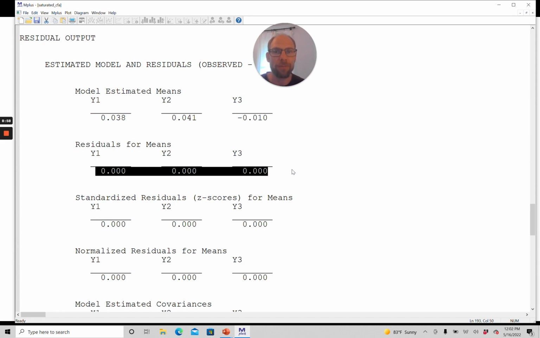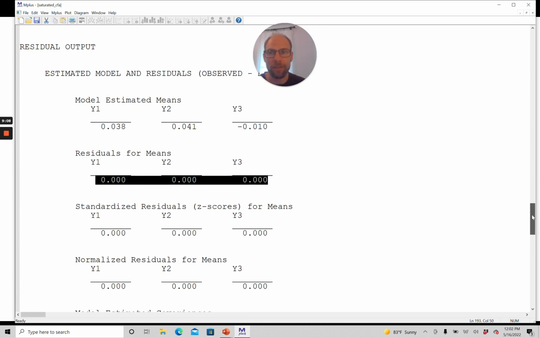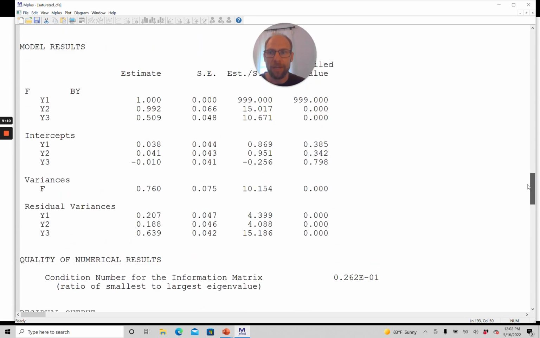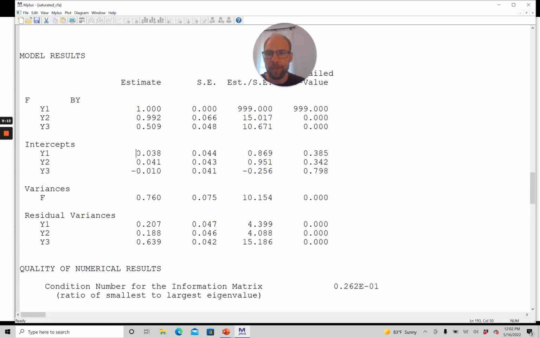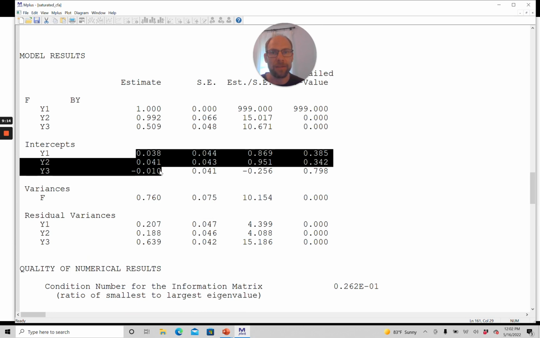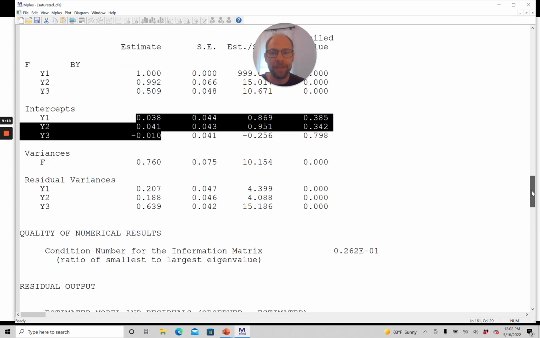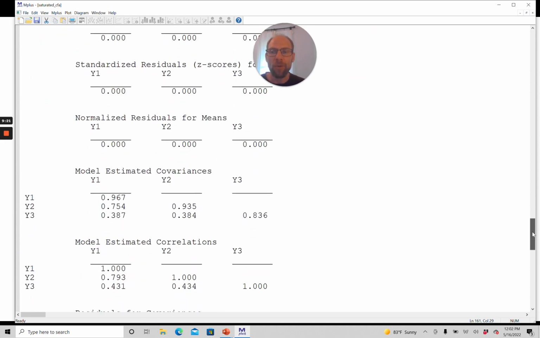And so all those residuals for the means are 0, because there's no restriction on the means, and the means are just perfectly reproduced in terms of the intercepts in this model. You can see this when you scroll up and you take a look at your intercepts here. You can see here you find the means. They could just go directly into those intercepts. And the same is true for the covariances.